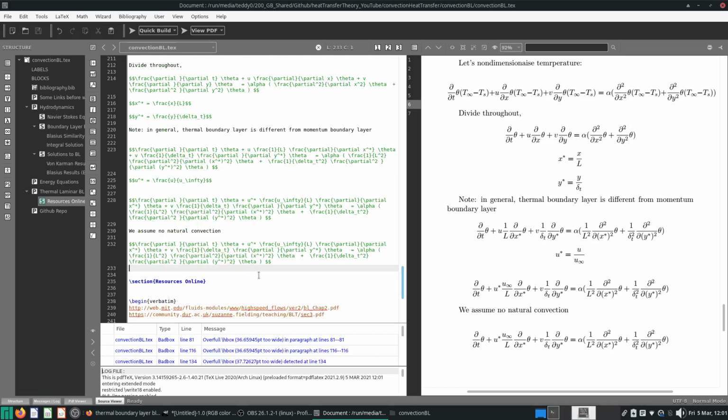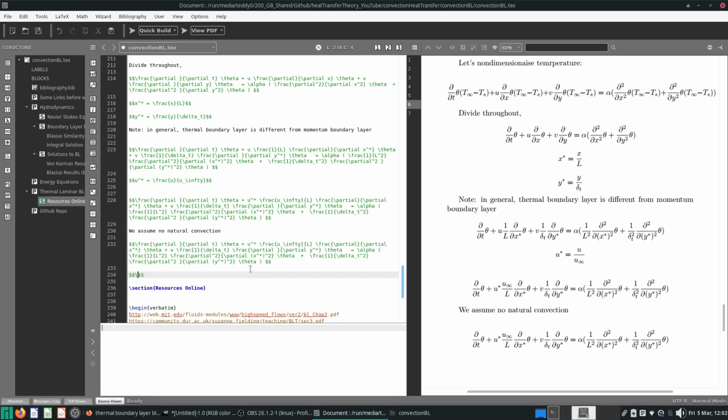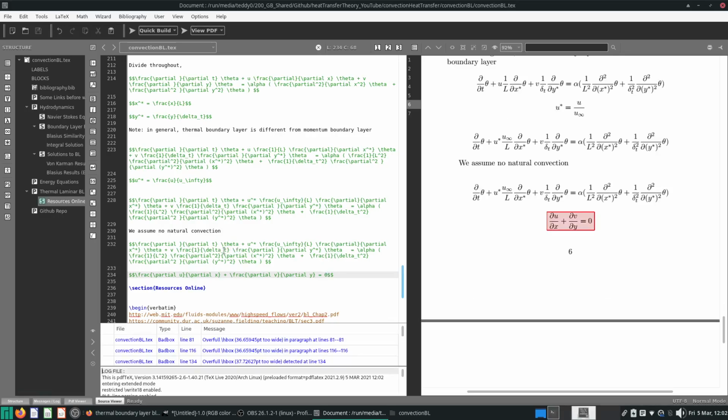It will be sort of the same idea, continuity equation: partial u partial x plus partial V partial y equals 0. But now I have to notice this.